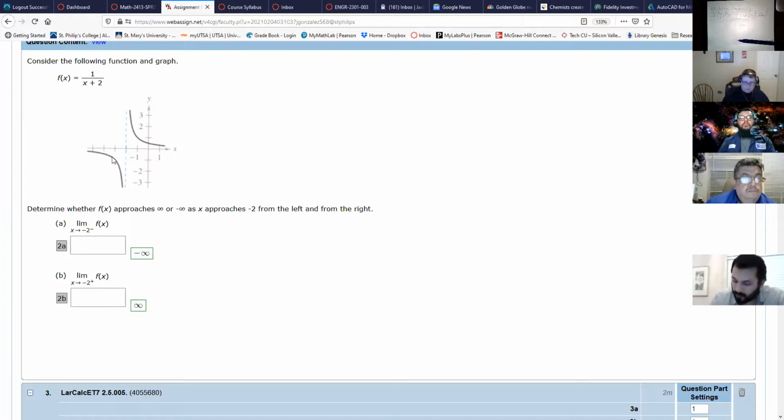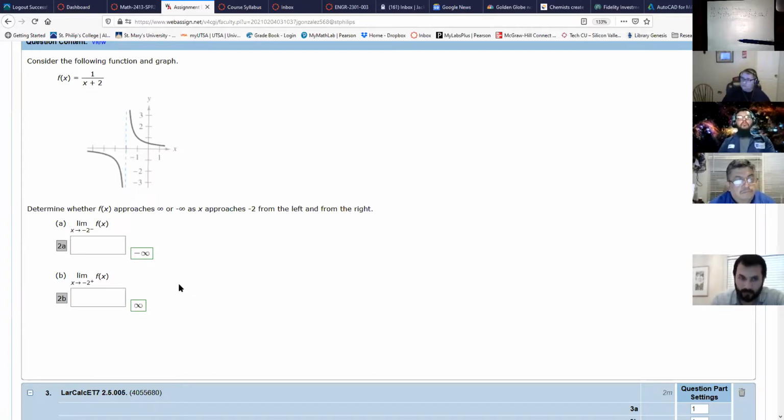Nothing fancy. Is it negative infinity because the exponent is a negative? This direction is negative infinity, and this direction is positive. But if we didn't have a graph like this, you would plug in numbers closer and closer to -2, and you would see that it gets super negative, which gives you a hint that it is negative infinity.